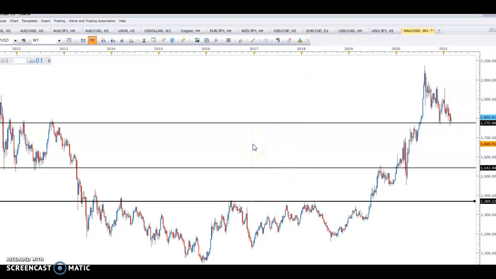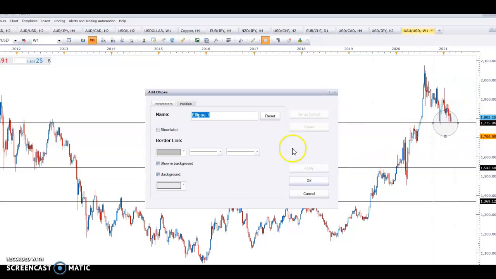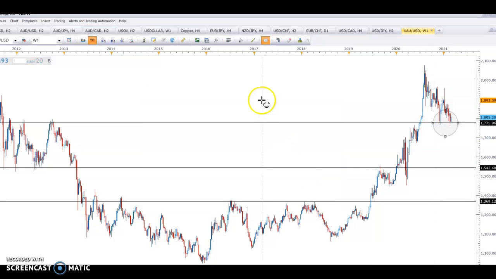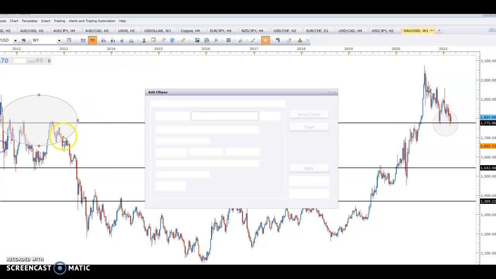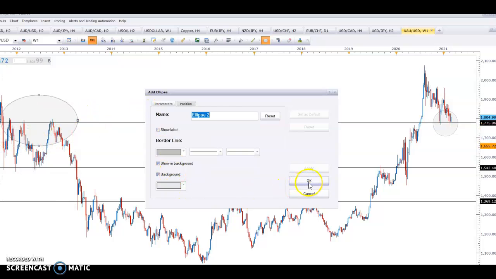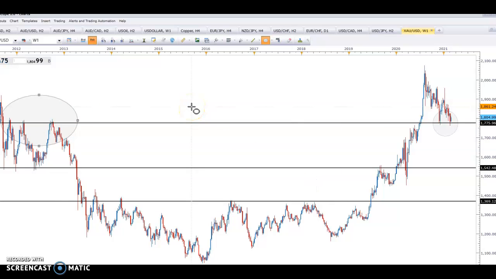So for instance, we've got here on 1805, in this area here, as you can see from back here, this is a major support area.